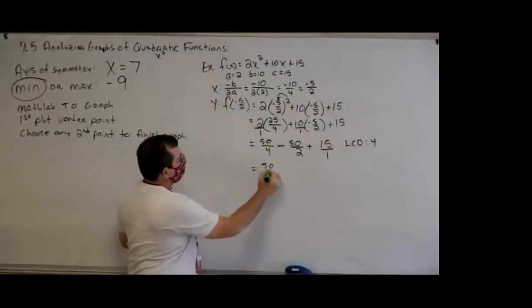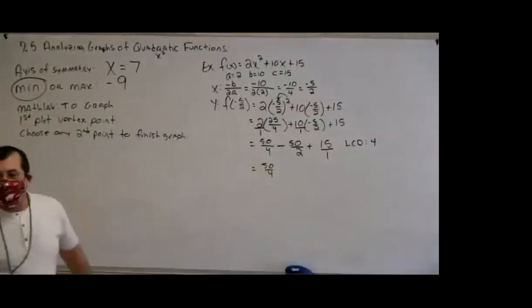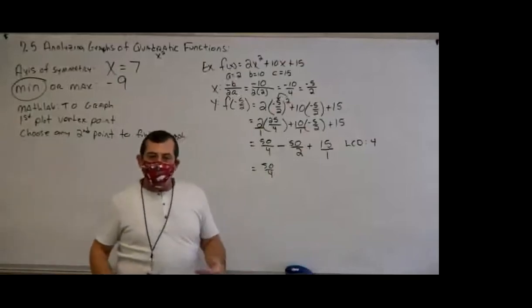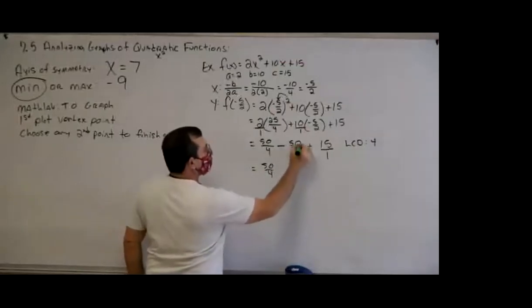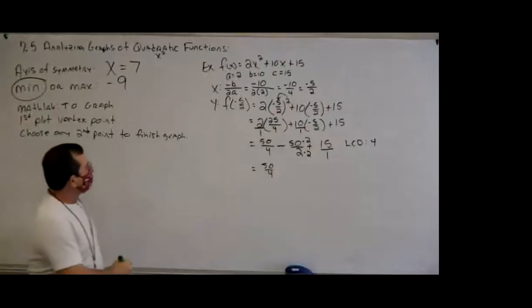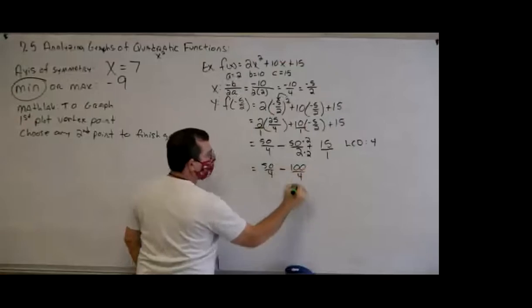50 over 4 does not have to change. But that second fraction has a 2 on the bottom. What are you going to do to a 2 to turn it into a 4? And guess what? You multiply that bottom times 2, you got to multiply the top by 2. So let's see, that'll be minus 100 over 4.